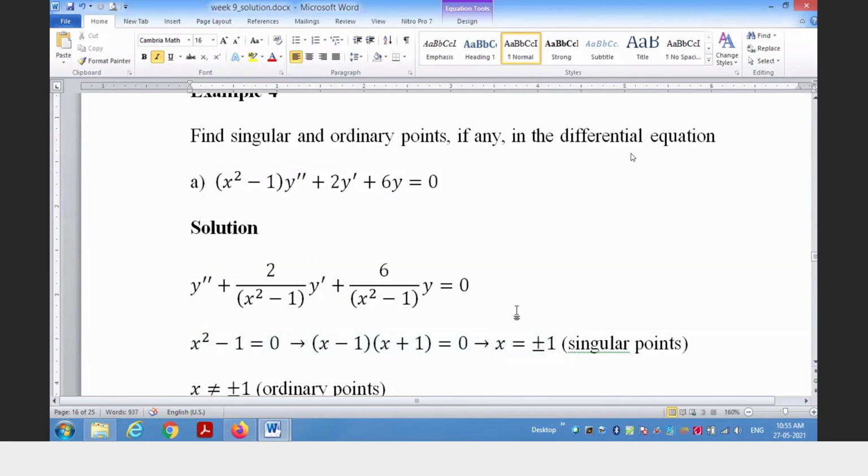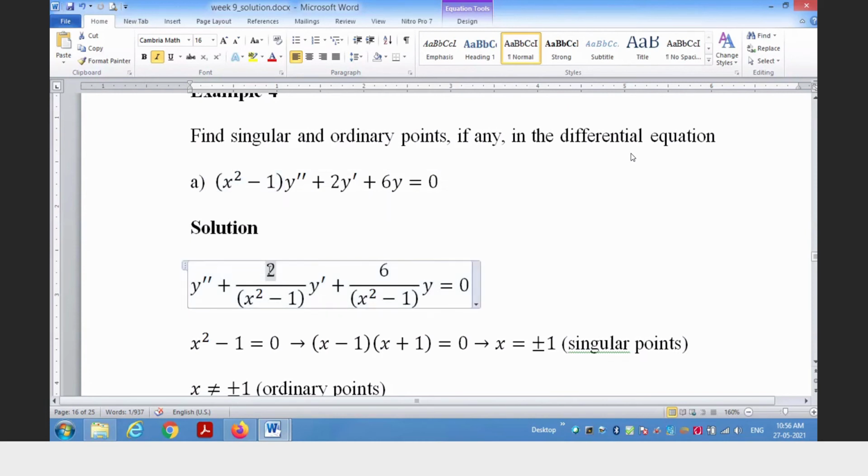First, you need to make sure that the leading coefficient of y double prime equals 1. So divide all terms by the coefficient of y double prime, in this case x squared minus 1. This becomes y double prime plus 2 over (x squared minus 1) y prime plus 6 over (x squared minus 1) y equals 0.